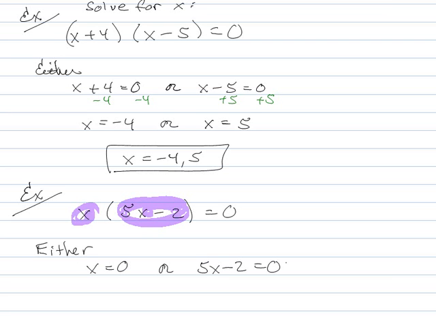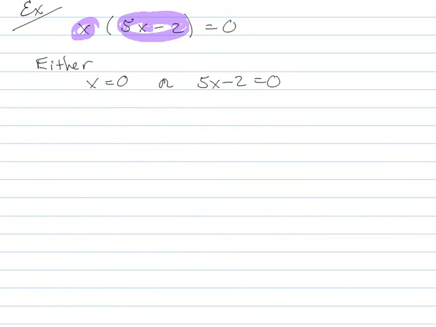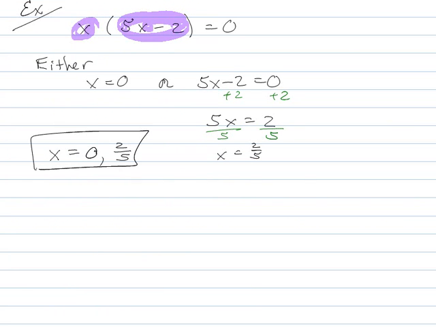So you just write it out. It's that straightforward. So to solve here, add 2 to both sides. This takes a little bit more work to do. So x equals 2/5. So my options for x are either 0 or 2/5. Got it? Okay.